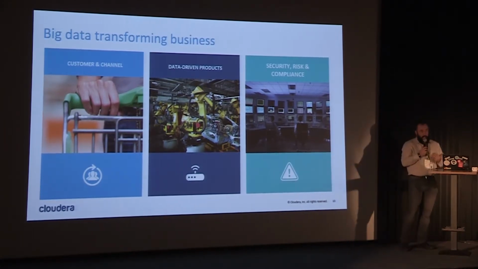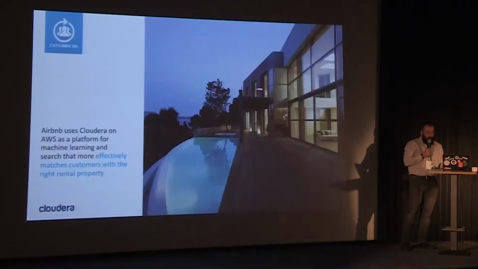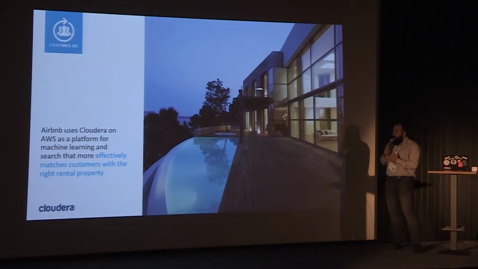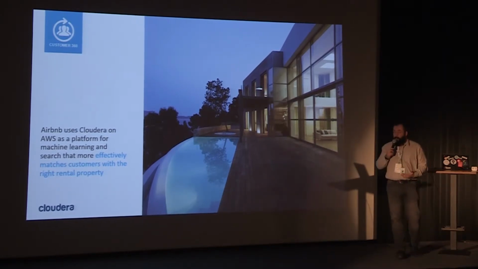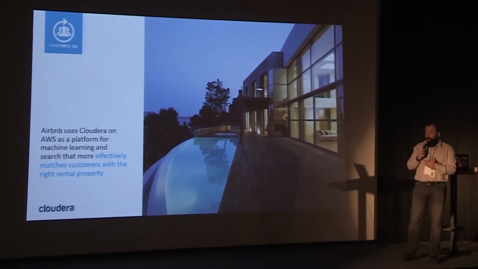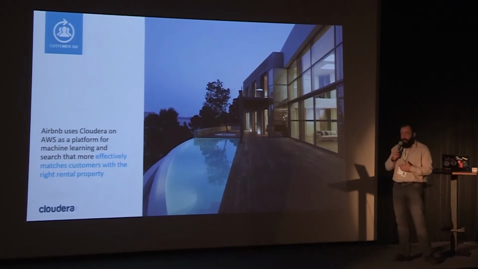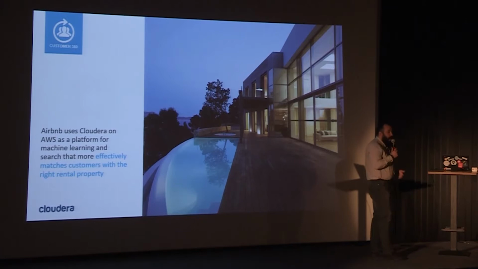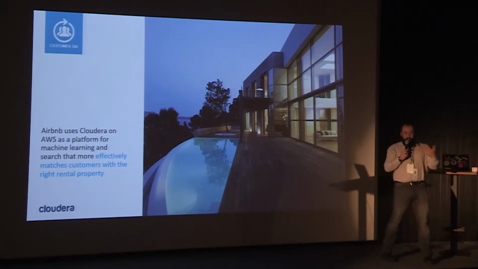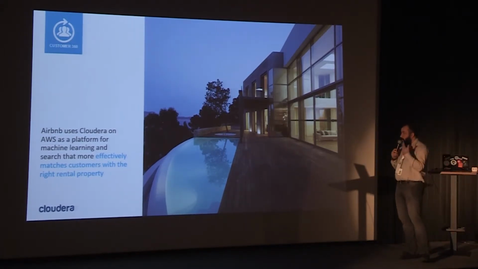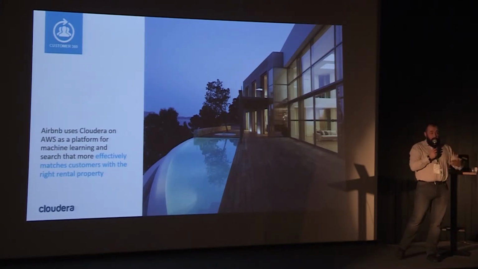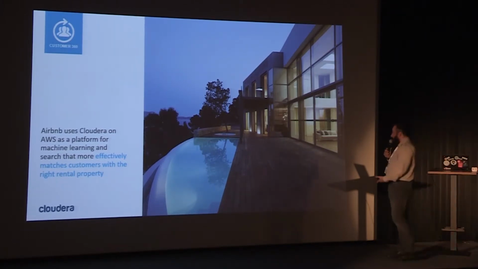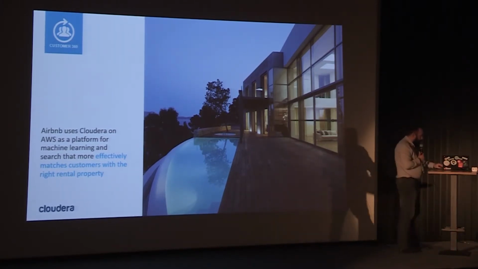So existing examples can also validate this. For example, Airbnb uses Cloudera, the CDH platform, on AWS for their machine learning algorithms, to supply the data in their machine learning algorithms, and thus they can advise the rental properties for the clients in a much more effective way. Okay, another example.